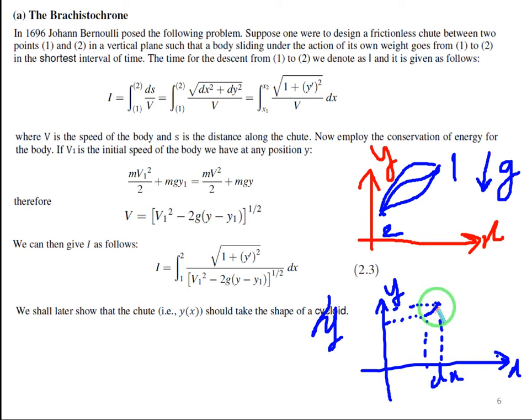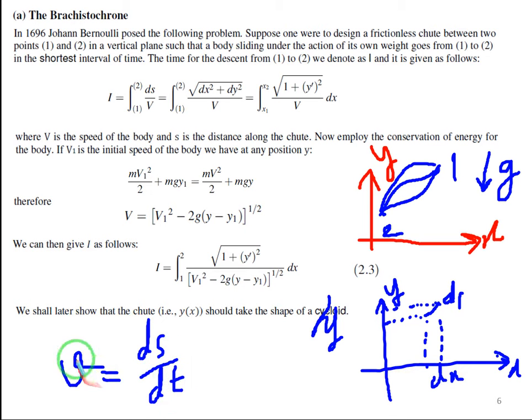The length of the path from this point to this point is ds. We can say ds squared equals dy squared plus dx squared. We know that velocity is equal to ds over dt.